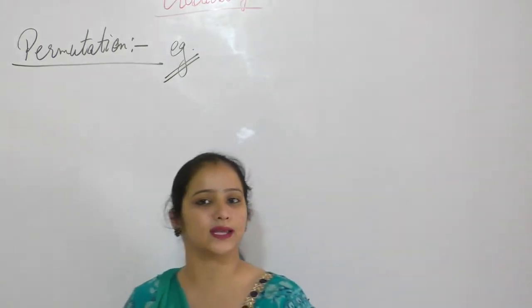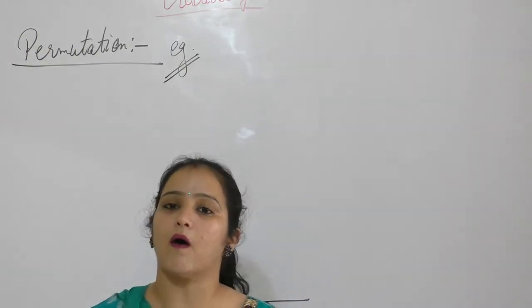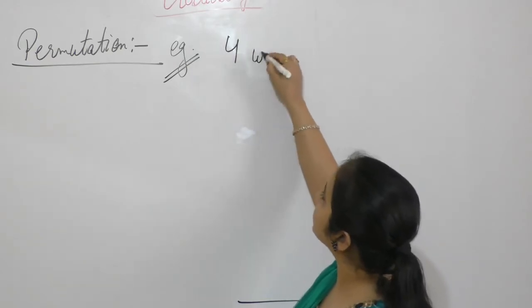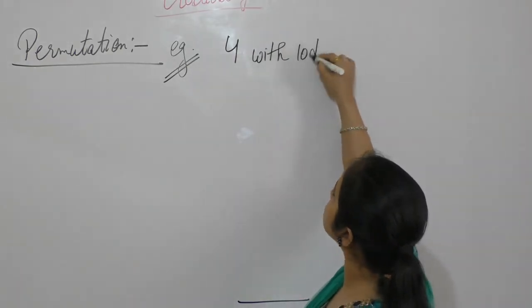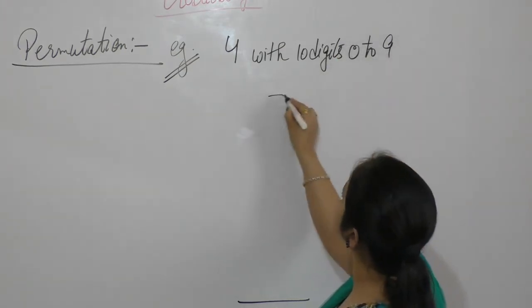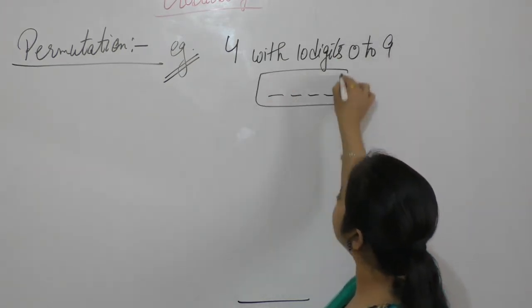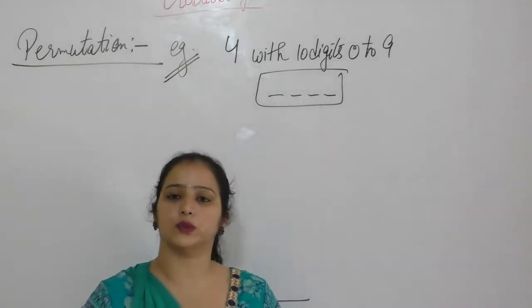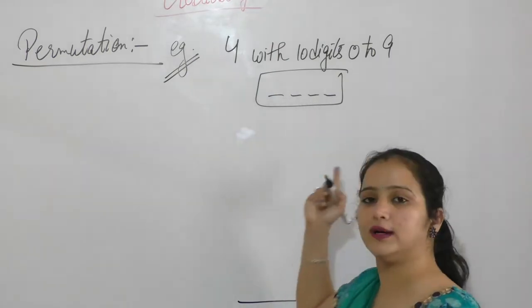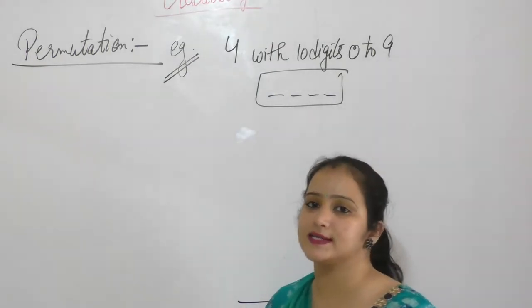Suppose you have a suitcase with a number lock and all the four wheels of the number lock are labeled with 10 digits 0 to 9. Now if you want to open the lock of the suitcase, you will have to arrange all these four digits in a particular sequence.